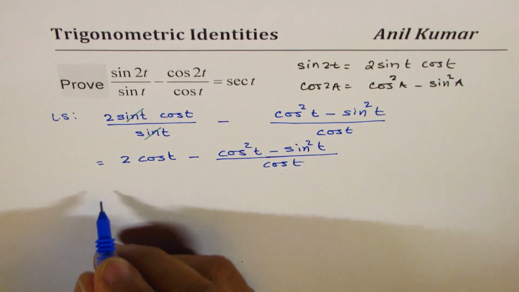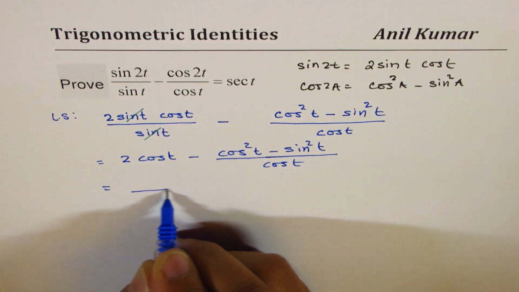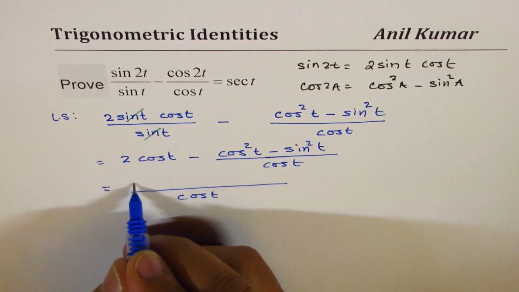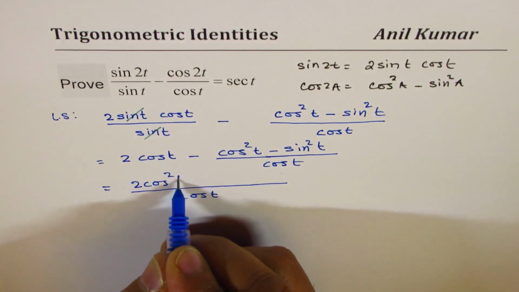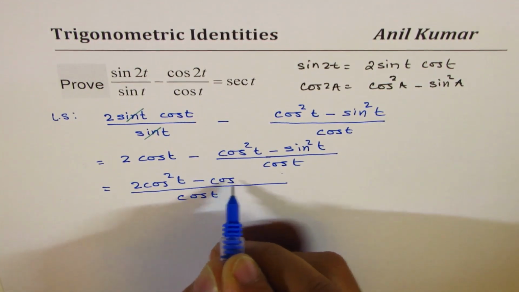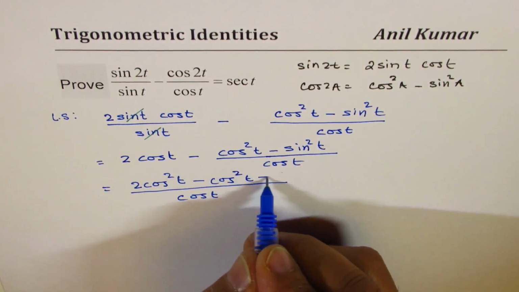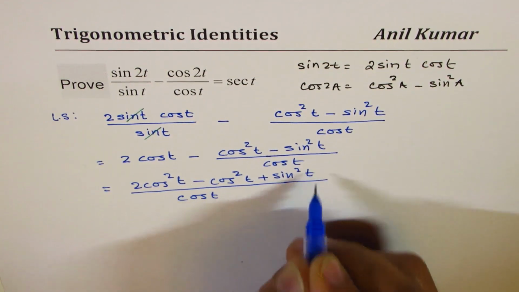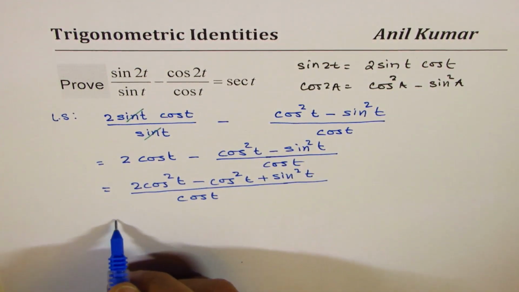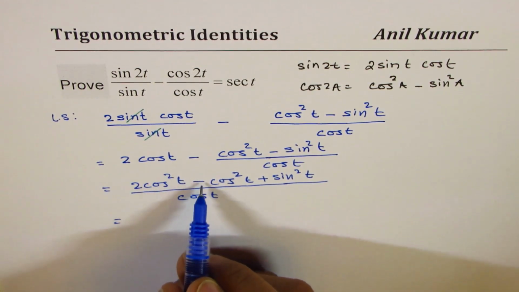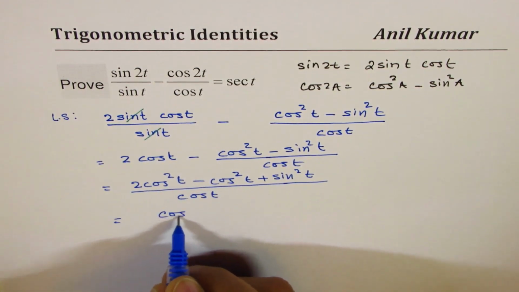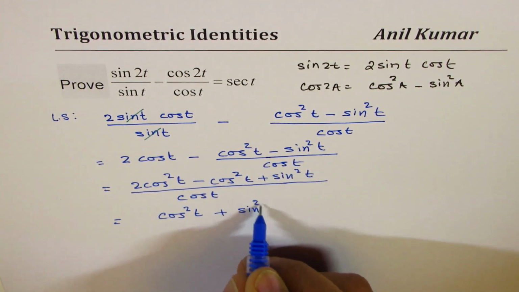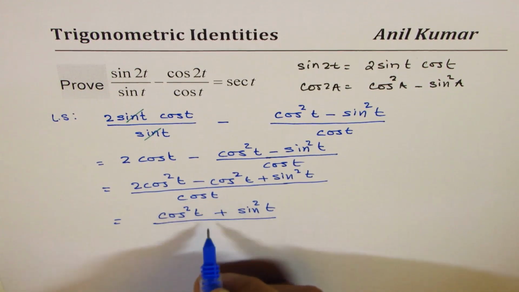Now we'll take a common denominator, right? If I take the common denominator as cos t, I get 2 times cos square t here, minus cos square t, and that becomes plus sine square t. Now 2 cos square t minus cos square t results in cos square t, and then we have plus sine square t divided by cos t.